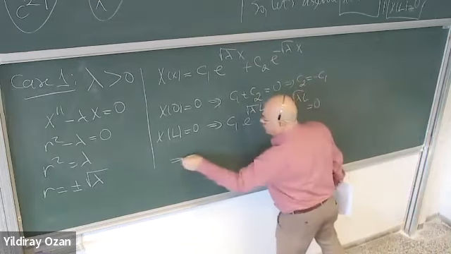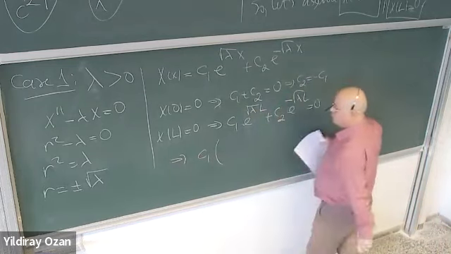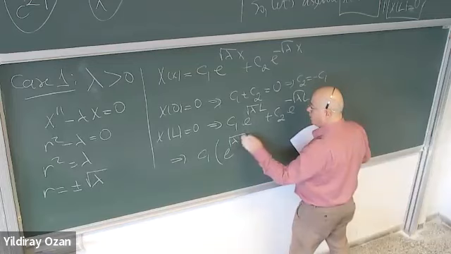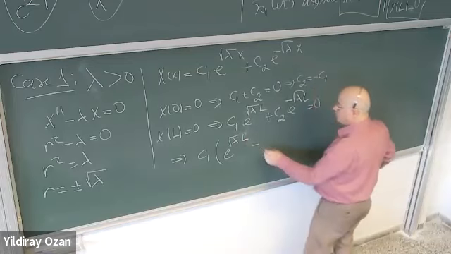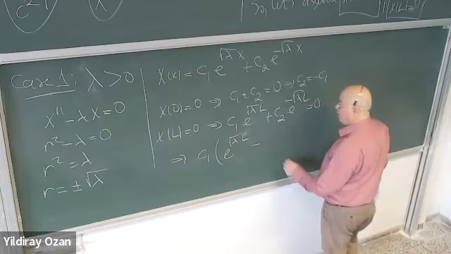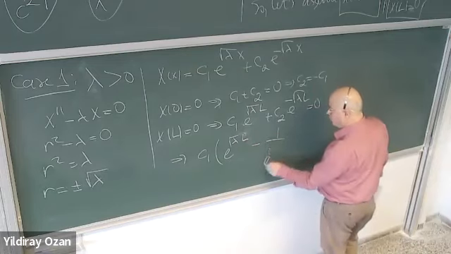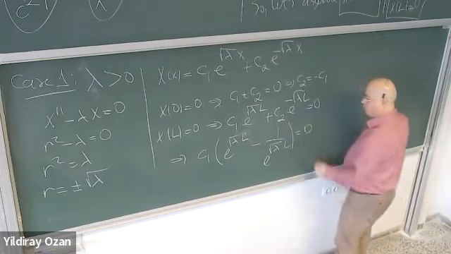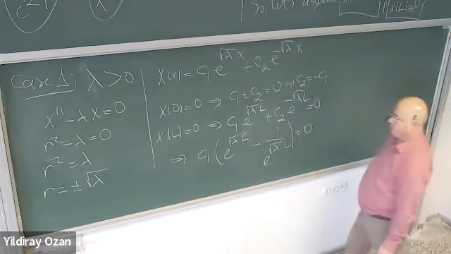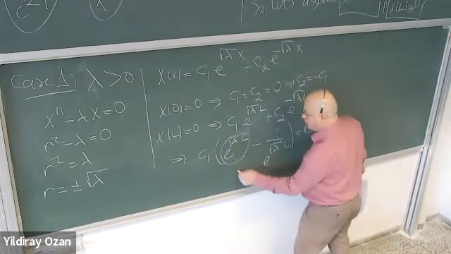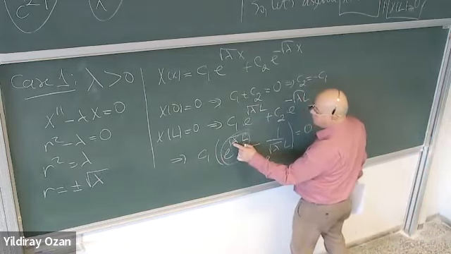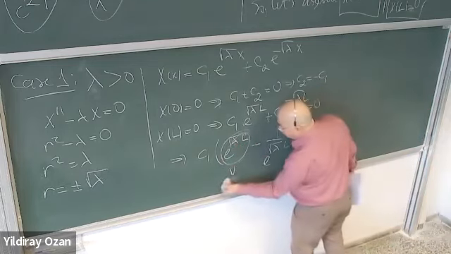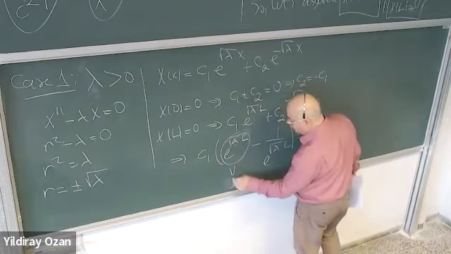If you plug it here, you get C1 times parentheses e to the power square root of lambda L minus 1 over e to the power square root of lambda L equals 0. Well, lambda is positive, L is positive. Therefore, this is a positive number. No, not only positive, but this is larger than 1, right?